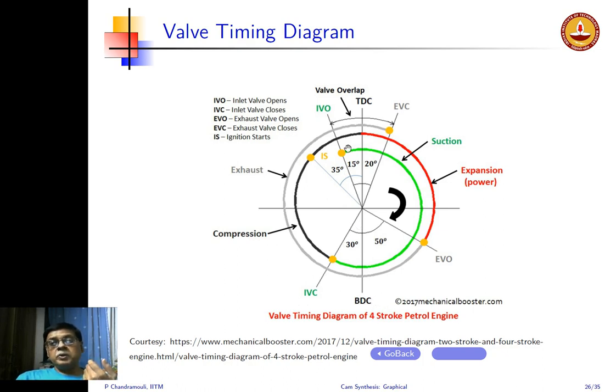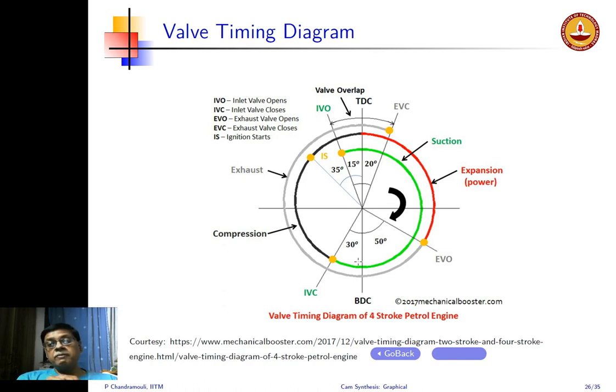And you can see that it opens and then remains open. Of course, this is the suction part of it, and it remains open till about 30 degrees past the bottom dead center. Remember, to go from top dead center to bottom dead center in a four-stroke engine is 180 degrees of crank rotation. So 15 degrees before that, that is an additional 15 plus 180, which is 195.